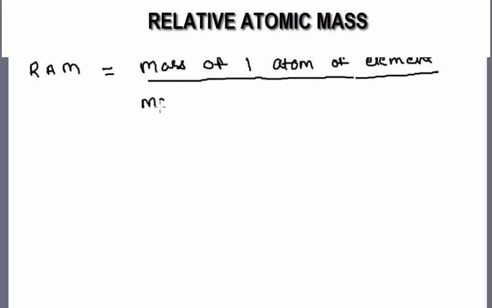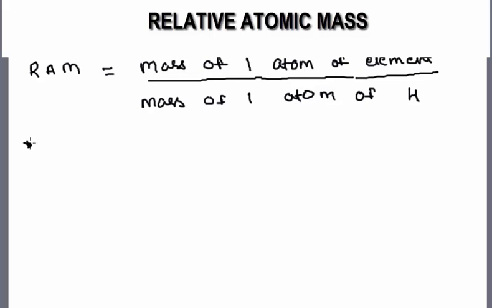So the relative atomic mass for any atom, that is the RAM, is defined as the mass of one atom of element upon the mass of one atom of hydrogen. So that is how we define relative atomic mass. Before we move ahead, I would just like to make clear a few points.